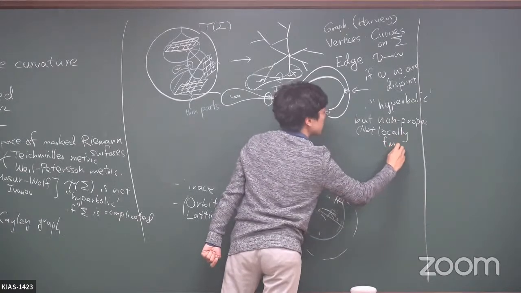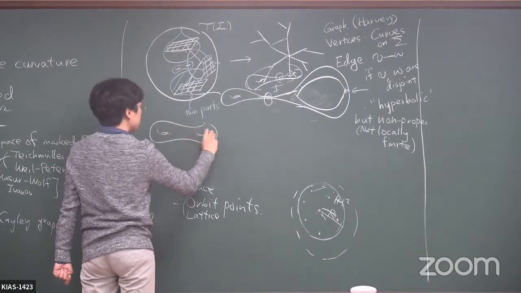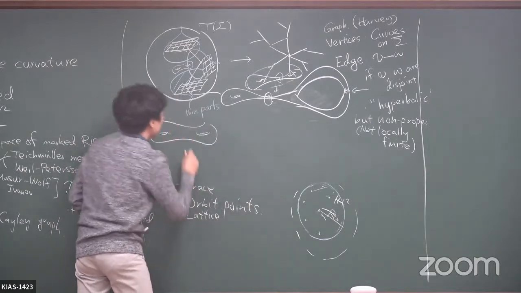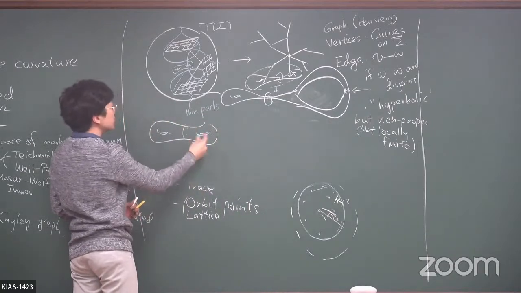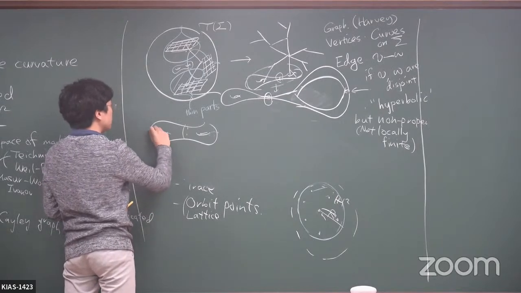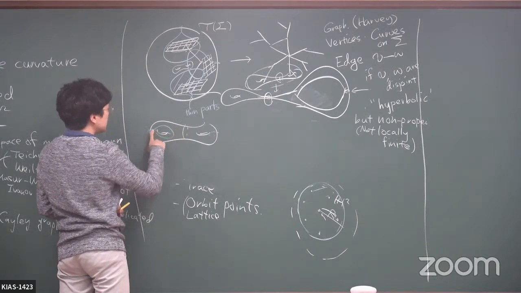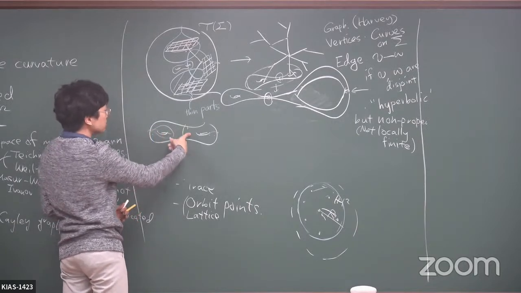You can see this because if you have a curve, and you try to draw edges to any curves disjoint from this, then this curve is one candidate, but here's another one. And if you twist this curve around this curve, then you get another curve that's also disjoint from here.